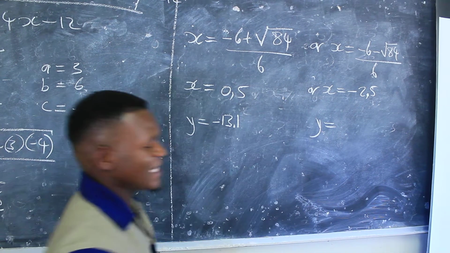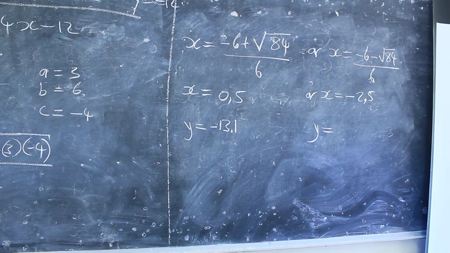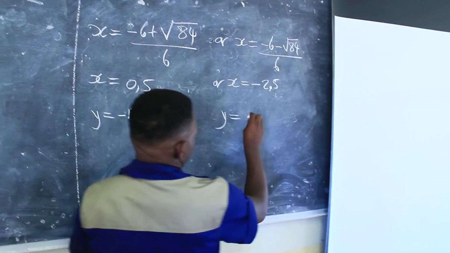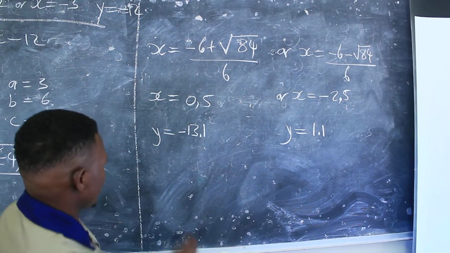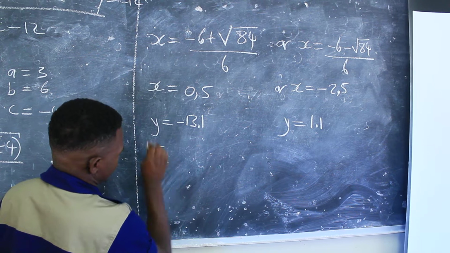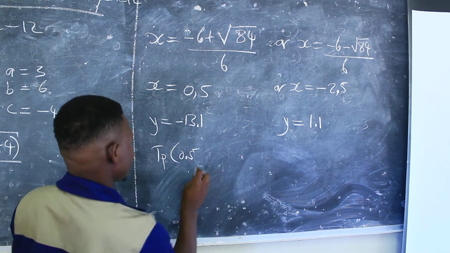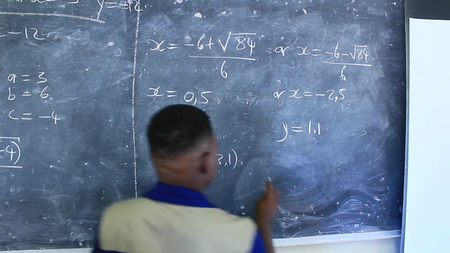And when x is negative 2.5, what is the answer for y? Put in the original, you get 1.1. Okay? Turning point. The first one is negative 13.1.